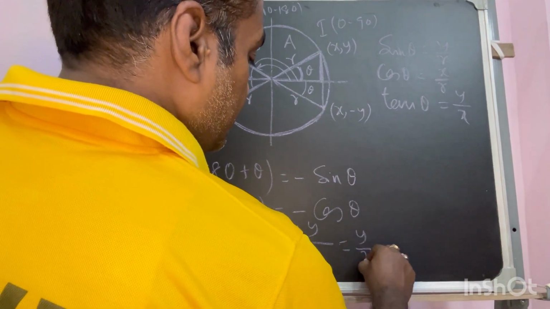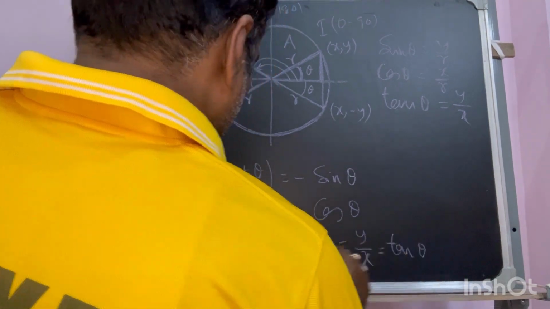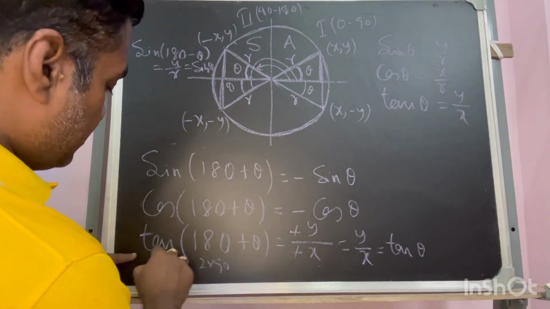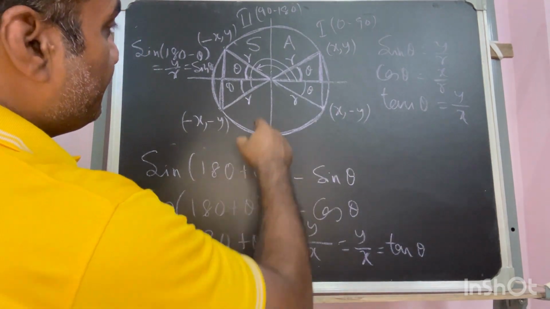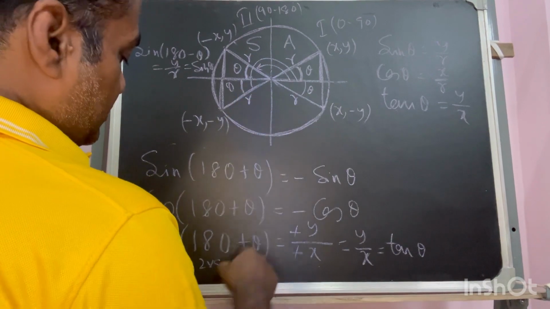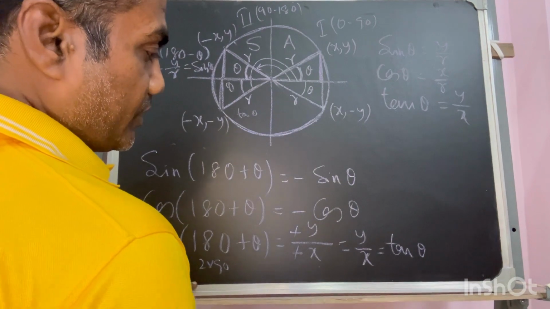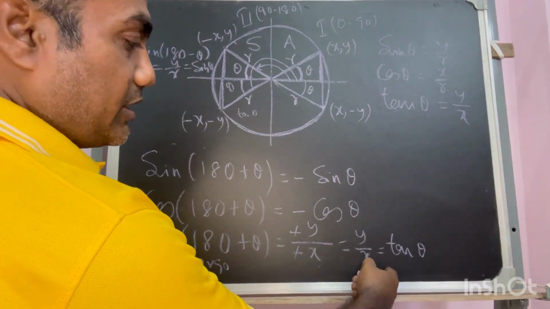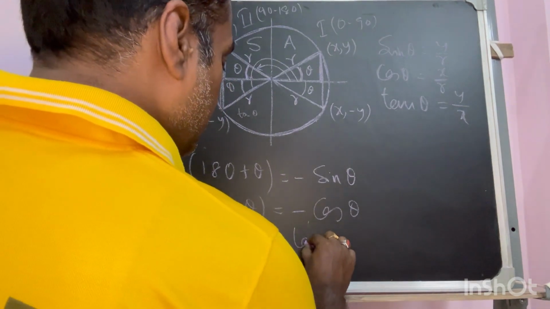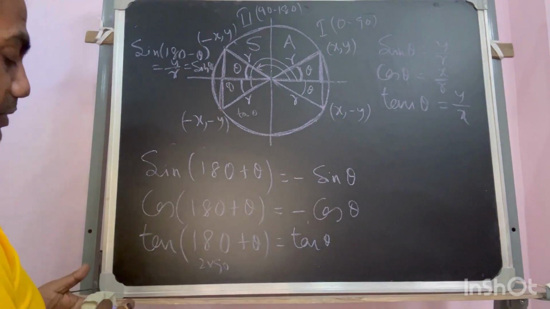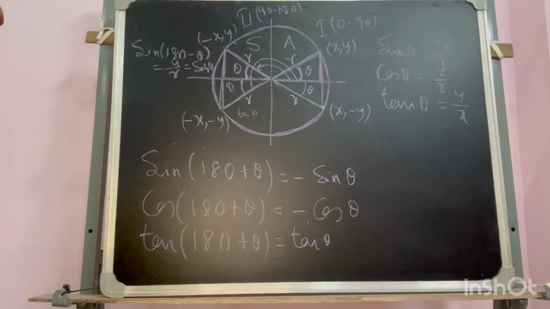Ultimately this gives y by x, that is equal to tan theta. So you can see for 2 into 90, the tan ratio doesn't change. The first rule is proved, and the second rule, where it is reaching the third coordinate, here tan is positive. From the equation also you can establish it. So in the third coordinate, tan of 180 plus theta is equal to tan theta. This is the ratio you can establish for the third coordinate.